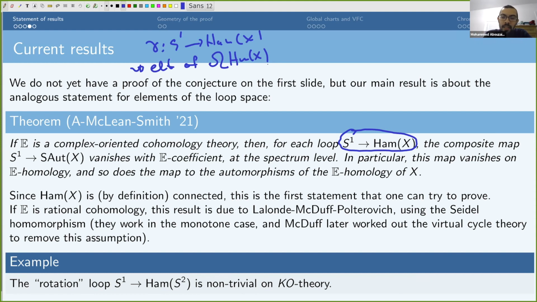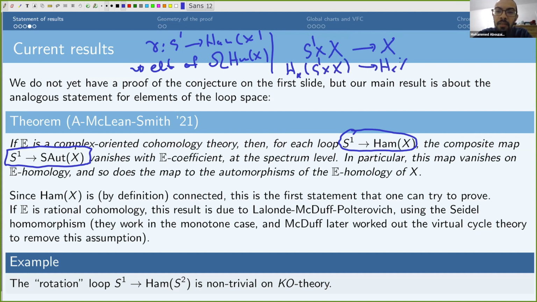So if you take such a map, then you can compose and obtain a map from S1 to the stable automorphism group, which means you obtain a map really from S1 cross X to X. And similarly by suspension. And you could ask, what does this map do on homology? It induces a map from the homology of S1 cross X to the homology of X.